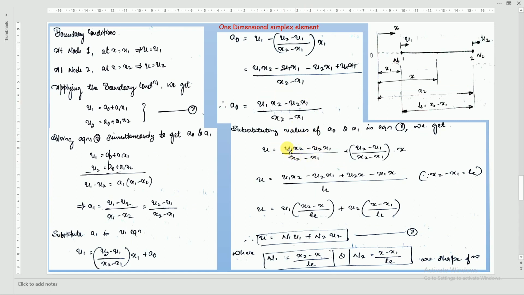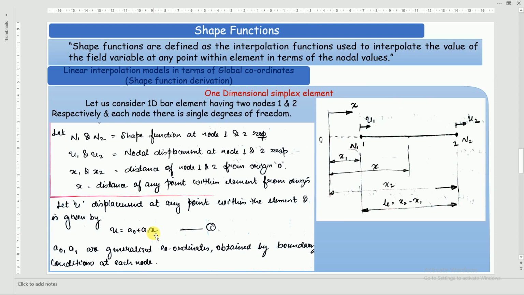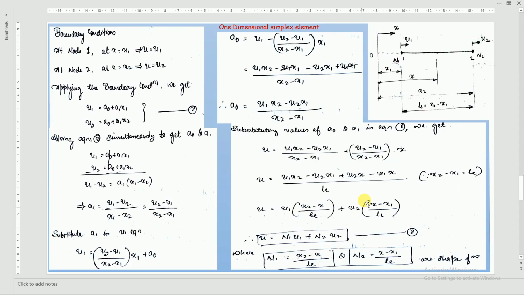This is A0 written here. What is A1? Which is this one, and x, that is this one. So A0 plus A1 into x. Now expand this. LCM is the same, x2 minus x1. You can take the LCM and write x2 minus x1 as LE now.